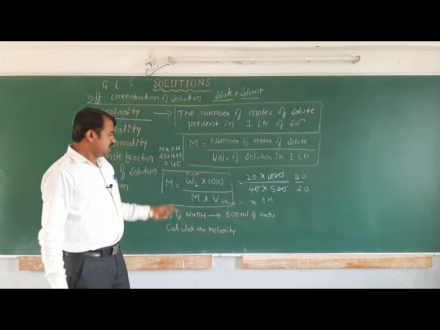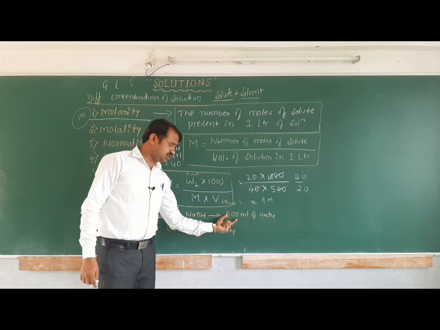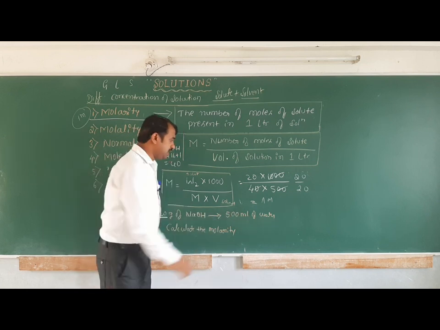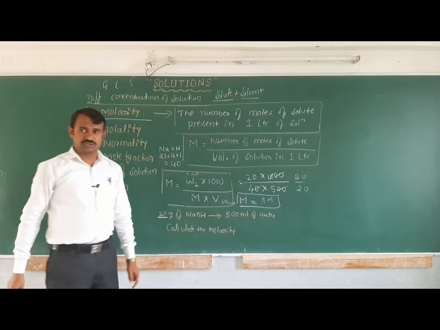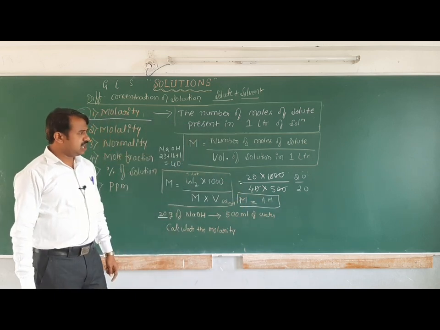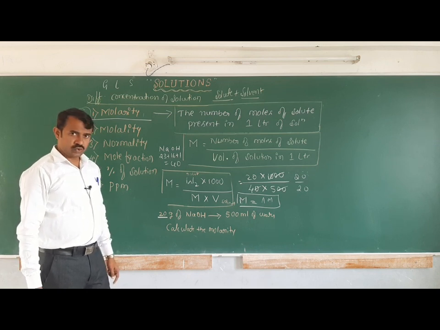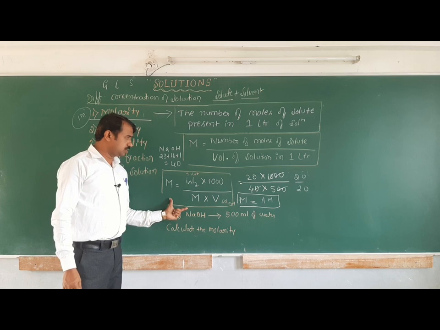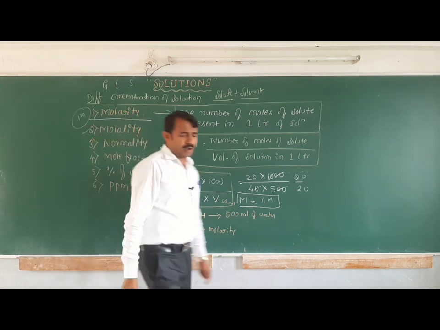Here 20 gram of sodium hydroxide is dissolved in 500 ml. The molarity of sodium hydroxide equals 1 mole. This is how to calculate the molarity of the solution. Okay, next we will go for the second one, molality, but first I will tell another problem.